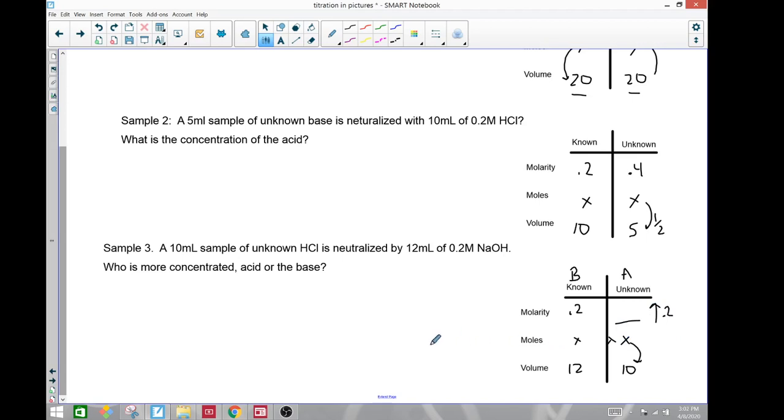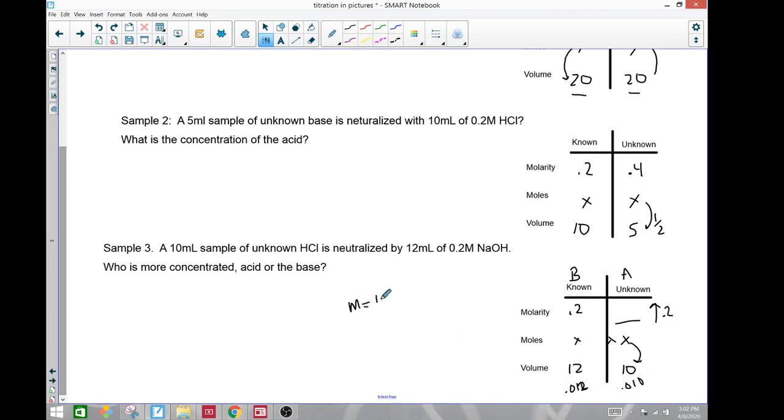Let's take a moment and actually calculate it. Okay, so this is going to be 0.012 and 0.010. And let's calculate out what the actual answer is. I know it's bigger than 0.2.